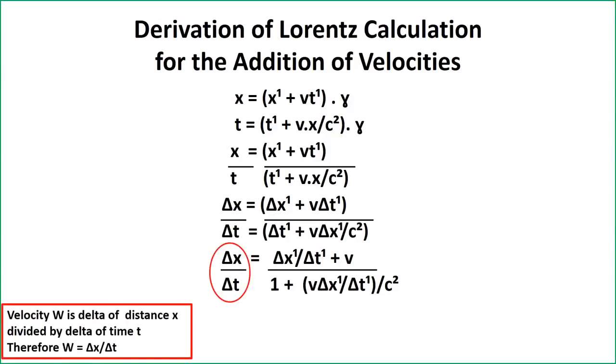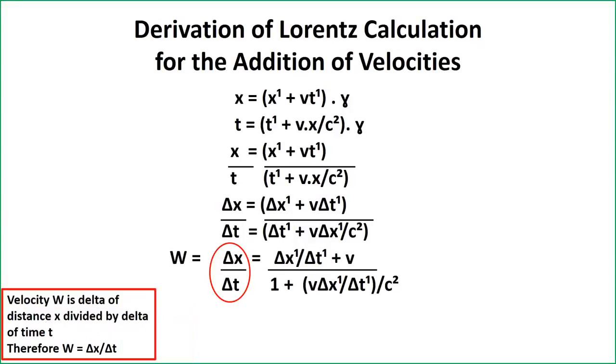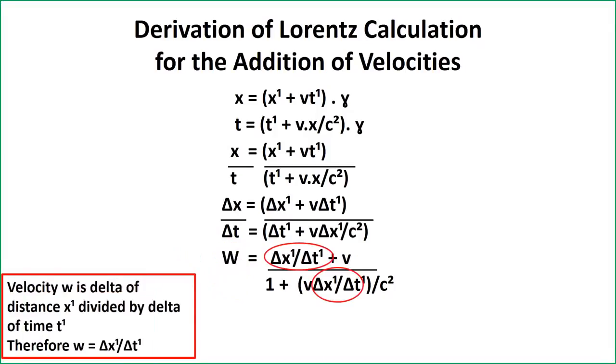We now refer to the stipulations we made earlier. We find delta x over delta t is equal to capital W. Having established this, we look at the right side of the equation. Here we find that our earlier stipulation defined delta x1 over delta t1 to be equal to w.